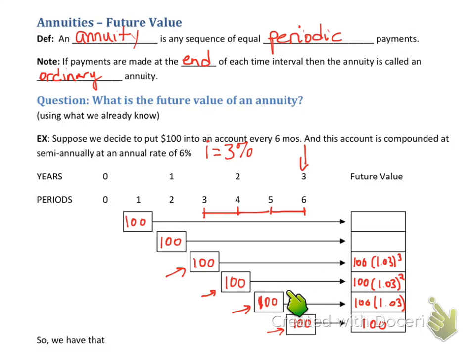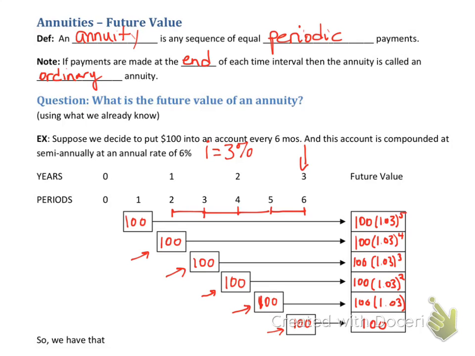This one would be over 2 periods, this one's over 1 period, this one's over no period. So it's still just the compound interest formula, but each $100 is accruing a separate amount of interest. The one above that would be 100 times 1.03 to the 4, and of course the one above that is 100 times 1.03 raised to the 5th power.